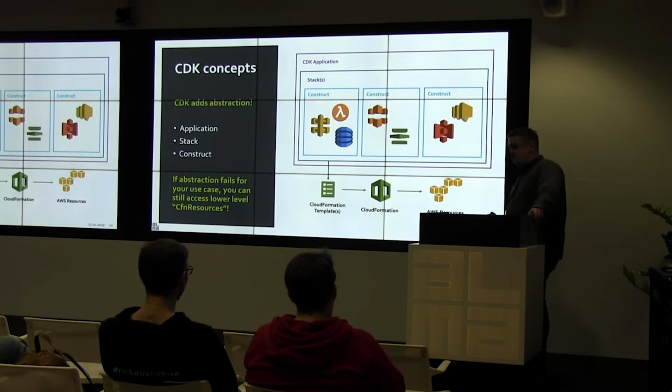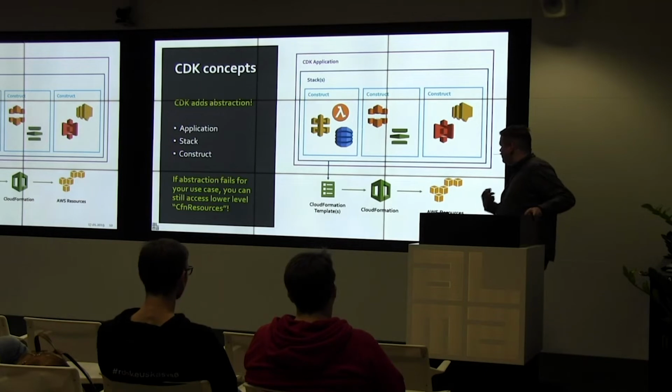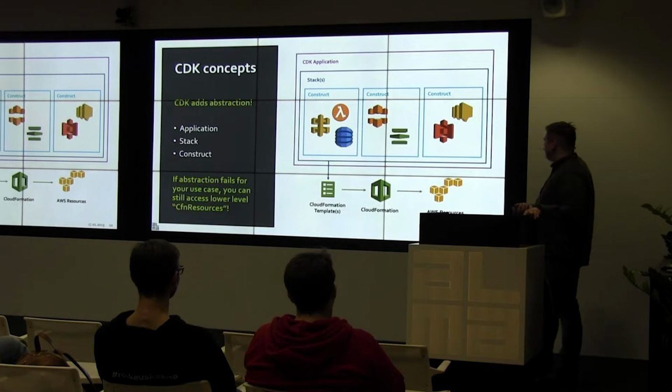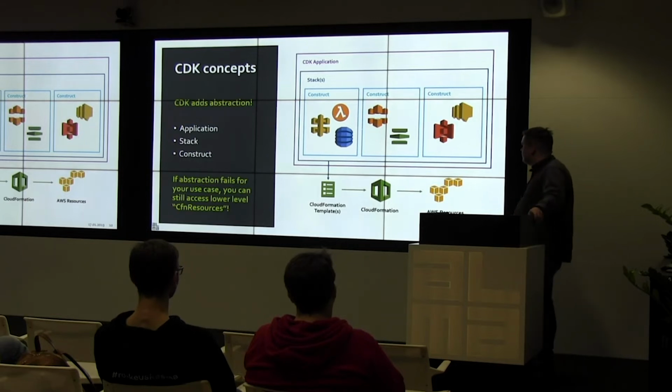Instead of defining pure resources like in CloudFormation, you can use these ready-made constructs that AWS provides, or you can build your own constructs and reuse them in various places.